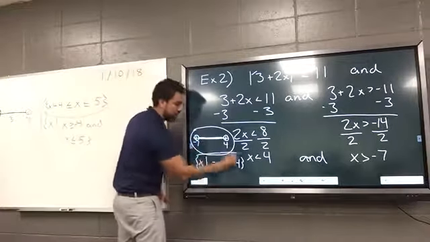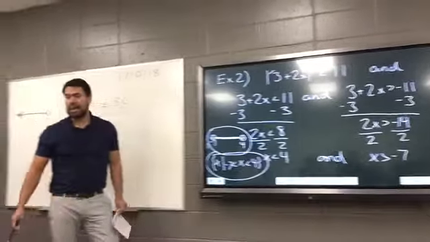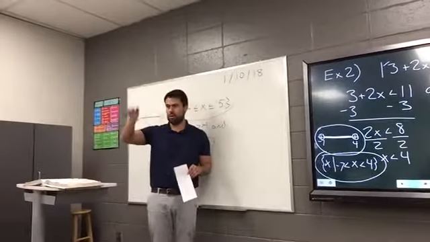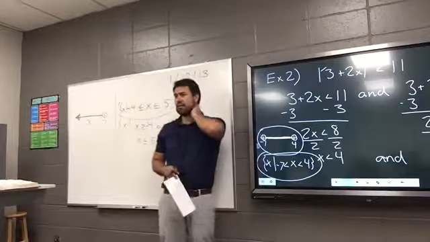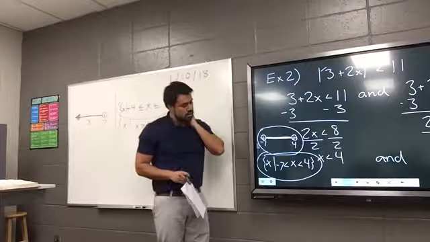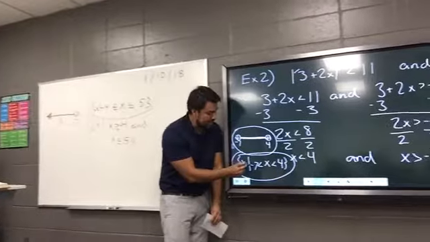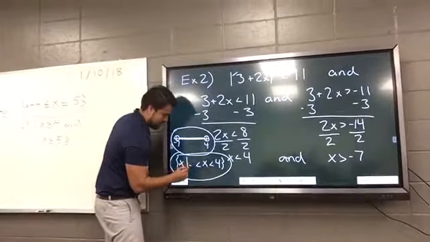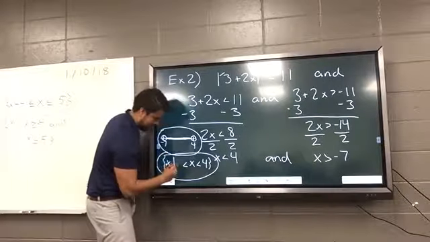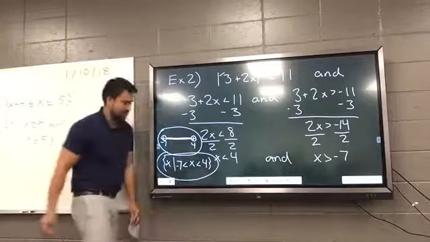And I'm done. That's your set builder. If you do it that way, you'll always get the same direction. Why do you have 2 signs next to each other? Sorry, this should be negative 7. So I'll clarify that. Negative 7. There you go.